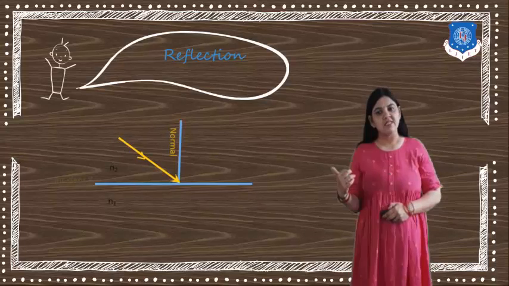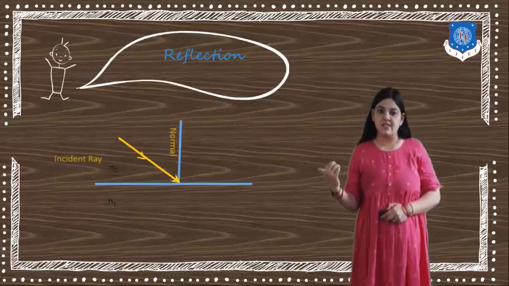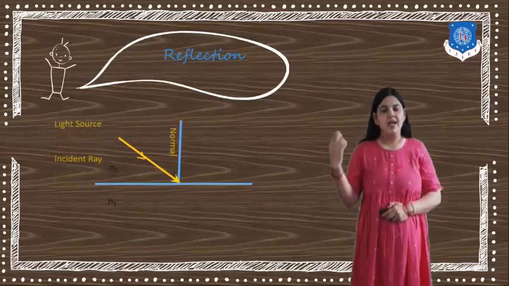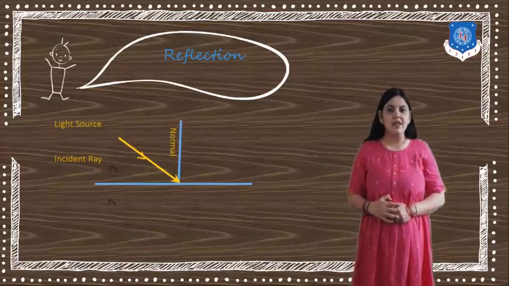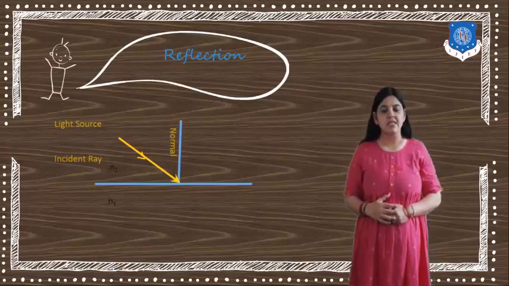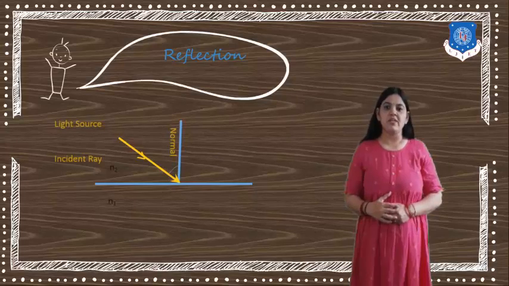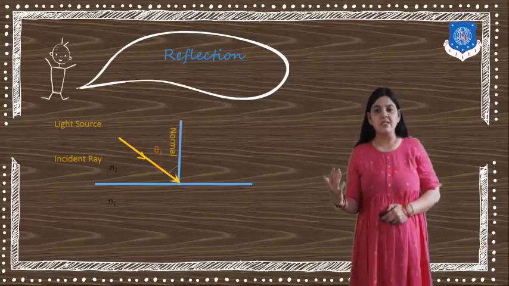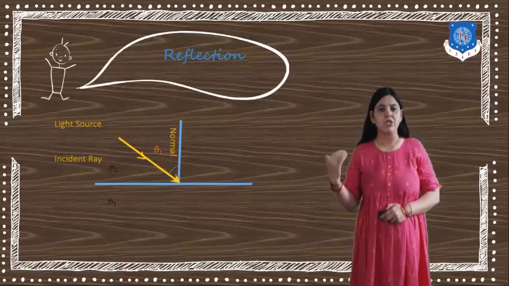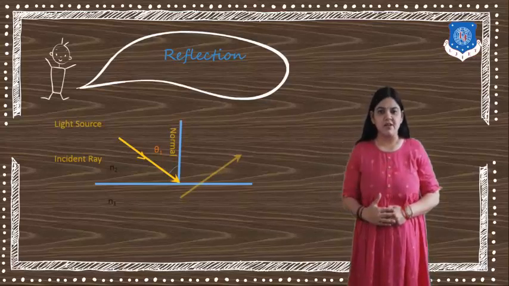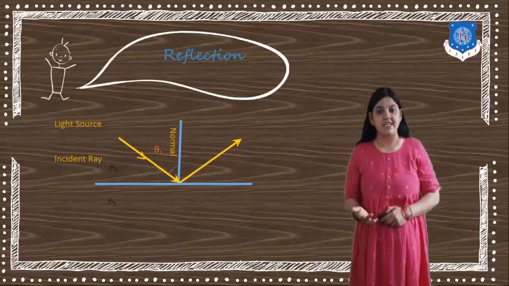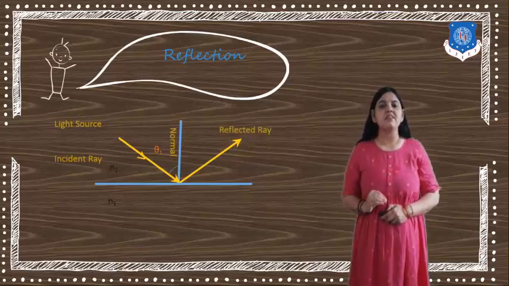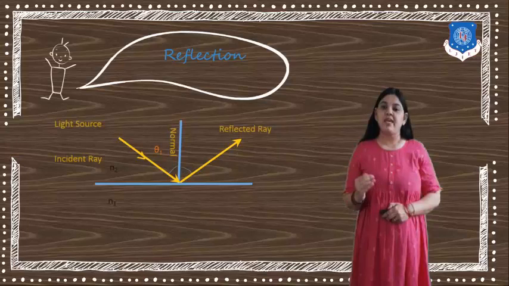There is an incident angle, and it is referred to as the incident ray, and there is a light source. When the medium is homogeneous, the incident ray makes an angle theta 1 with the normal. Now it is reflected. This is known as the reflected ray. It makes an angle theta 2 with the normal axis.